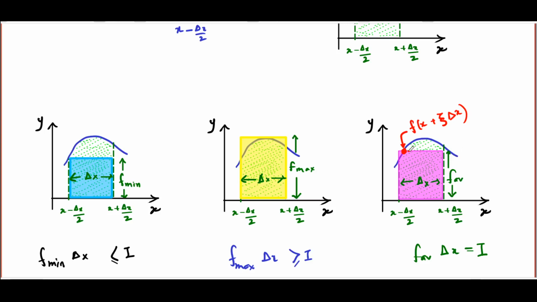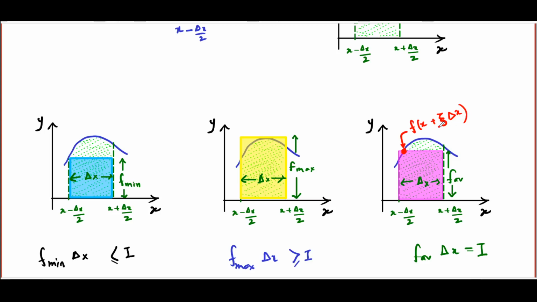Now, what we are claiming here is simply that this height must of course be the value of f of x at some point in between, let's say this point, which is somewhere between x minus delta x by 2 and x plus delta x by 2.